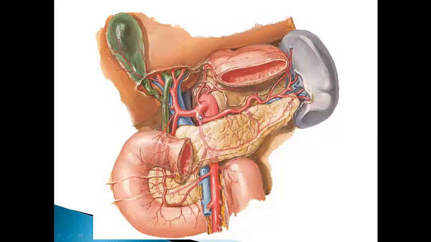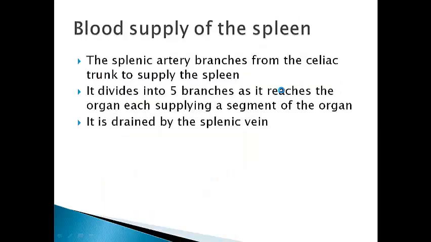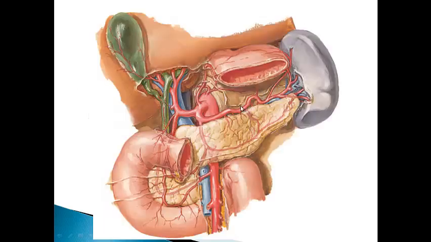One of the main branches that comes out of the celiac trunk is this artery right here running along the upper border of the pancreas, and then you can see how it splits into arteries that pass into the hilum of the spleen. So this artery here is the splenic artery, which is responsible for the blood supply of the spleen in addition to some other organs.